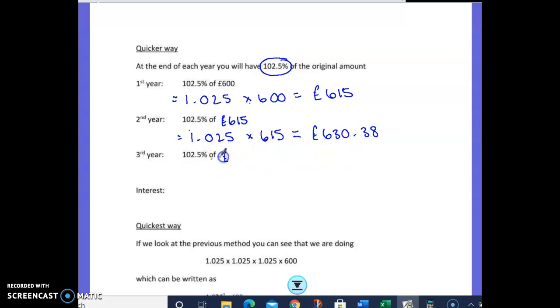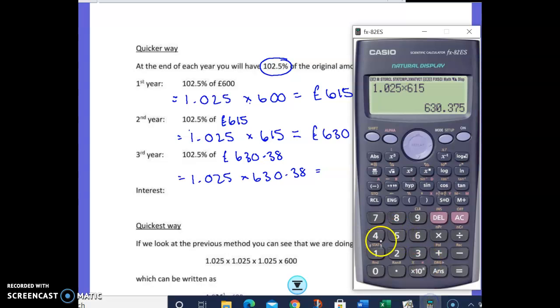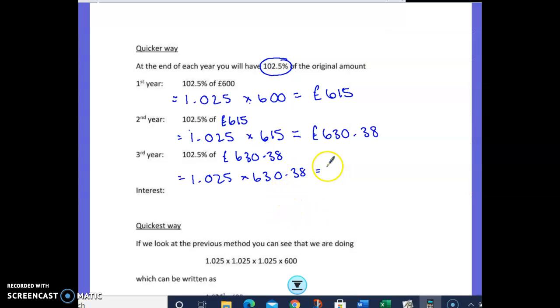Last time then, to find out the 102.5% of £630.38, 1.025 times 630.38, and that comes out as £646.14.